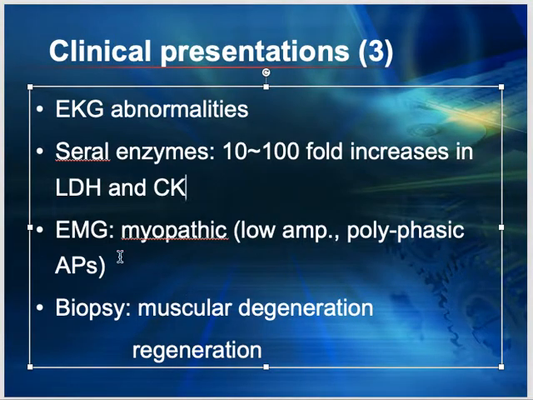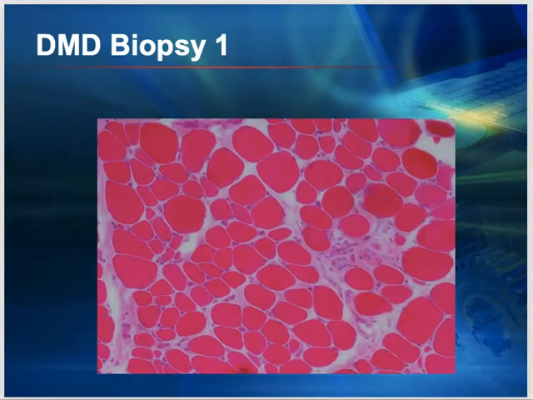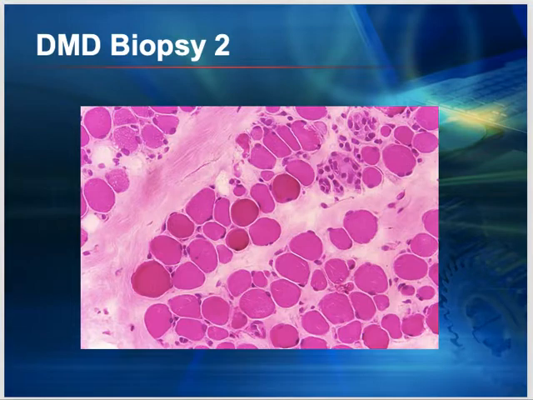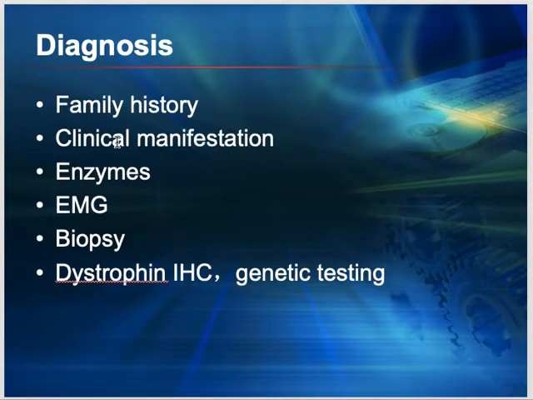Of course we can do EMGs, electromyography, in which we will get low amplitude results. If there is cardiomyopathy, we can get EKG or ECG abnormalities, and we can do the biopsy, in which we see muscular degeneration, like this one. We can take the family history, check the clinical presentation, Gower signs, pseudohypertrophy, wasting.